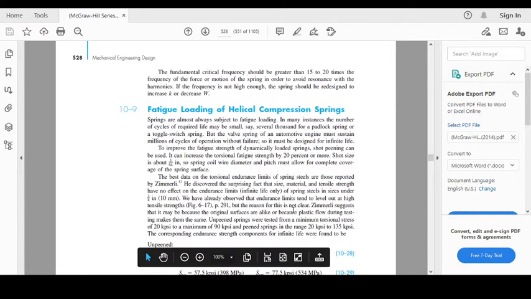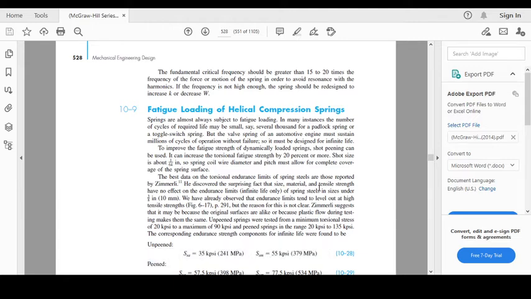So the fundamental frequency should be greater than 15 to 20 times the frequency of force of motion of the spring in order to avoid resonance with harmonics. If the frequency is not high enough, the spring should be redesigned to increase k or decrease W. k is the spring constant, and W is the weight of the spring.